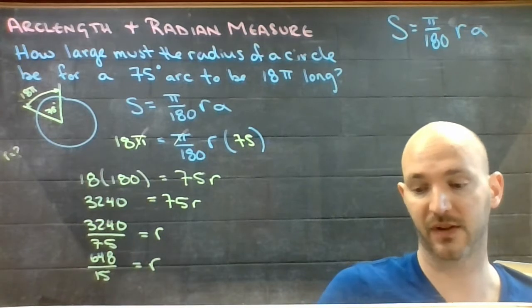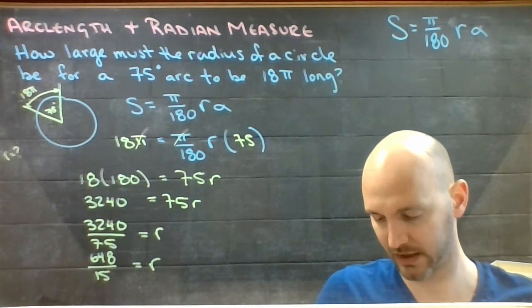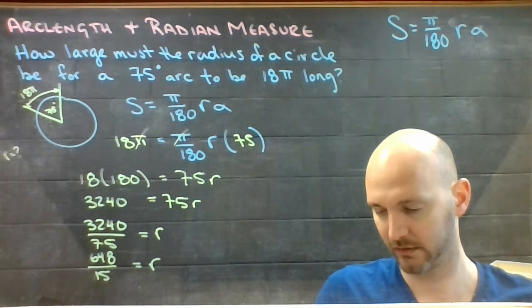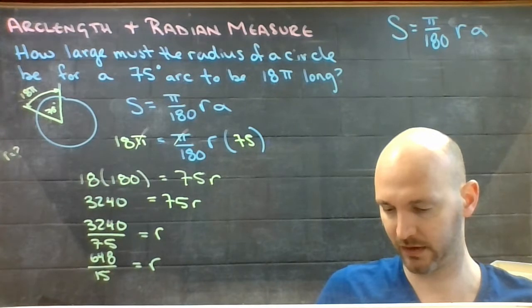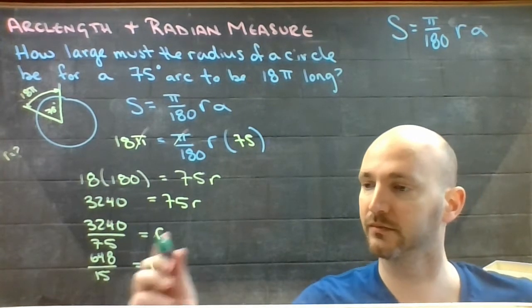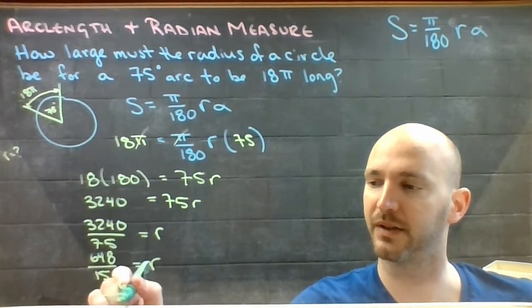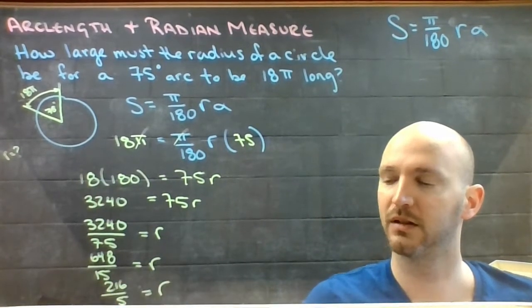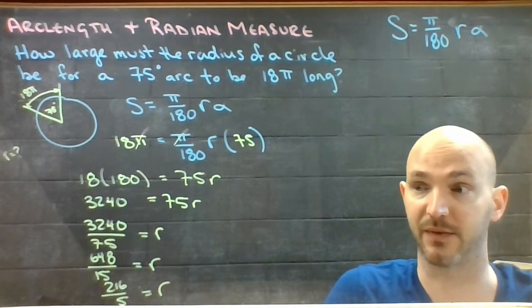Both of these numbers divide by 3, so 648 divided by 3 should be 216. And 15 divided by 3 is 5. So the radius of that circle would have to be 216 fifths.